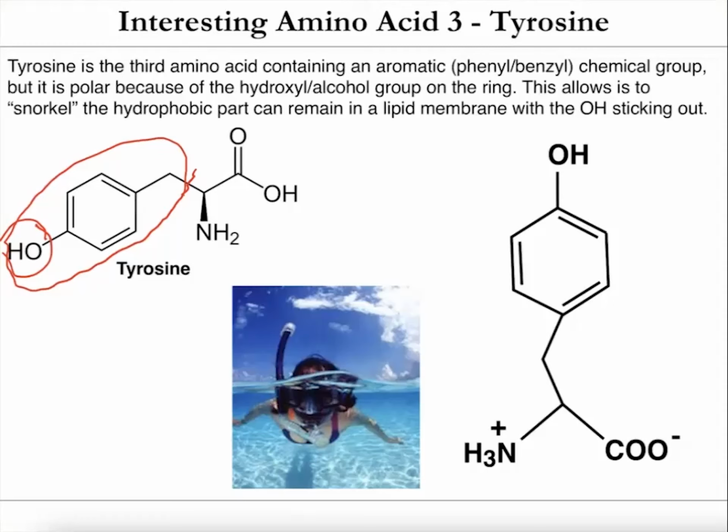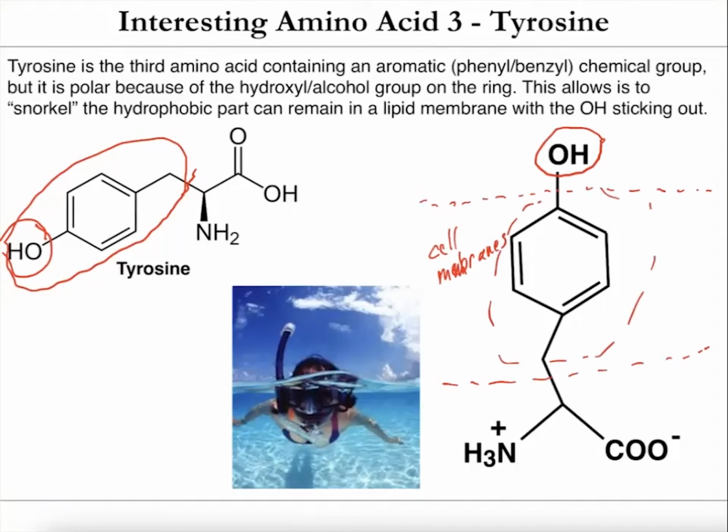One of the reasons is that if you look at tyrosine, it has this region right here that's hydrophobic, and then it's got this region right here that's hydrophilic. So tyrosine can do this cool thing in cell membranes, which are hydrophobic environments, where this part would be embedded into the membrane, and then this OH group will stick up.